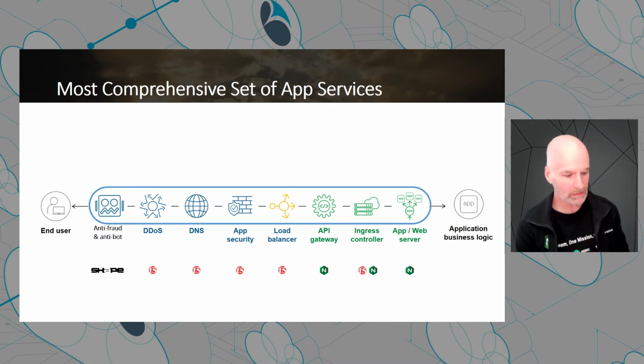You've then got load balancing. And of course, F5 has been in this space for an awful long time. Even load balancing encompasses capabilities like TCP optimization, something that's often overlooked.